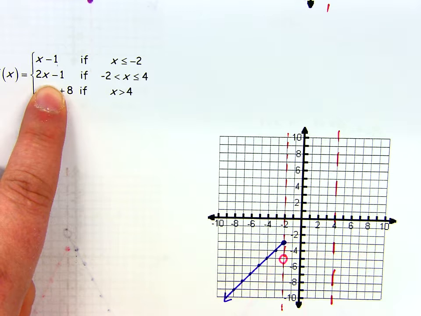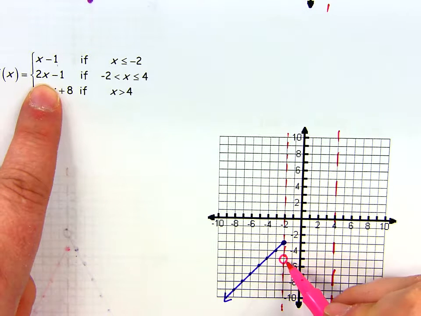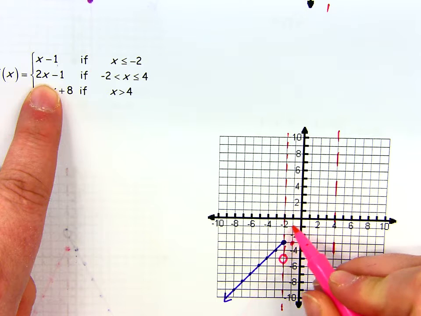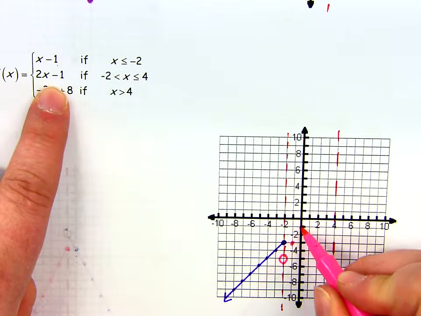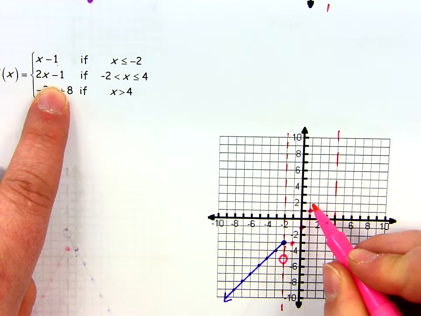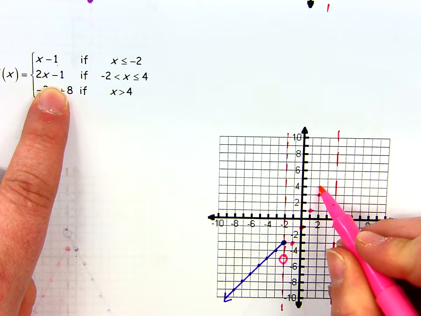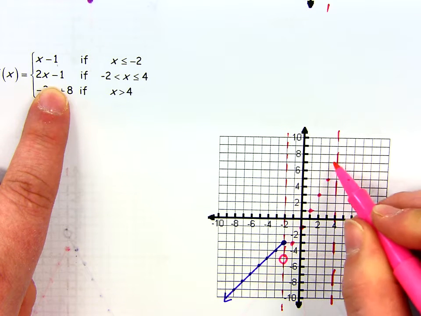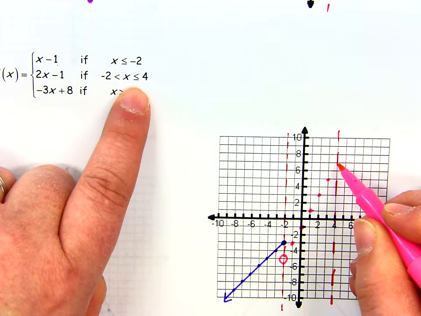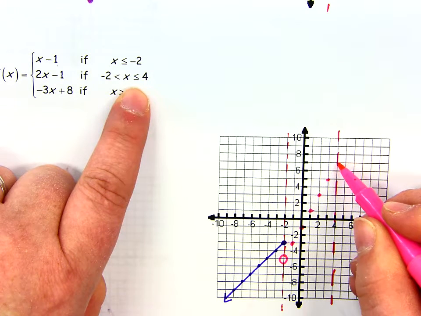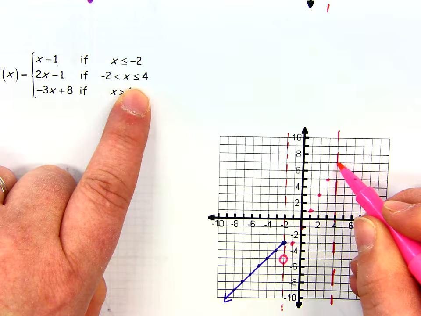And then I just follow my slope. My slope is 2. So this way is easy enough. Up 2 over 1, up 2 over 1, up 2 over 1, up 2 over 1. Now I'm going to draw my line all the way to when x is 4. Now do I put a solid dot or an open dot when I hit the line?